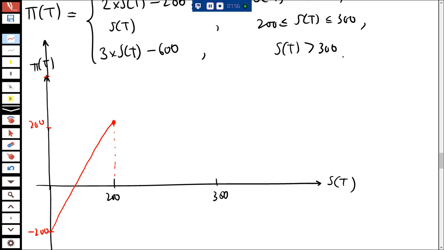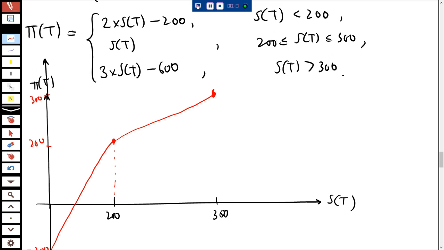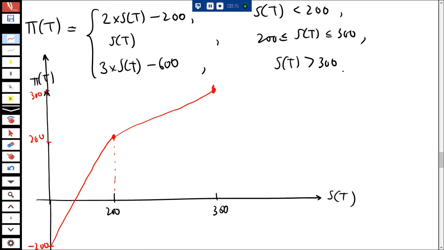So this can be around £3. The gradient of this line is 1 compared with the previous part, which is 2, so a little bit flatter. And finally, this one's going to be really steep, and that's going to shoot off like this.